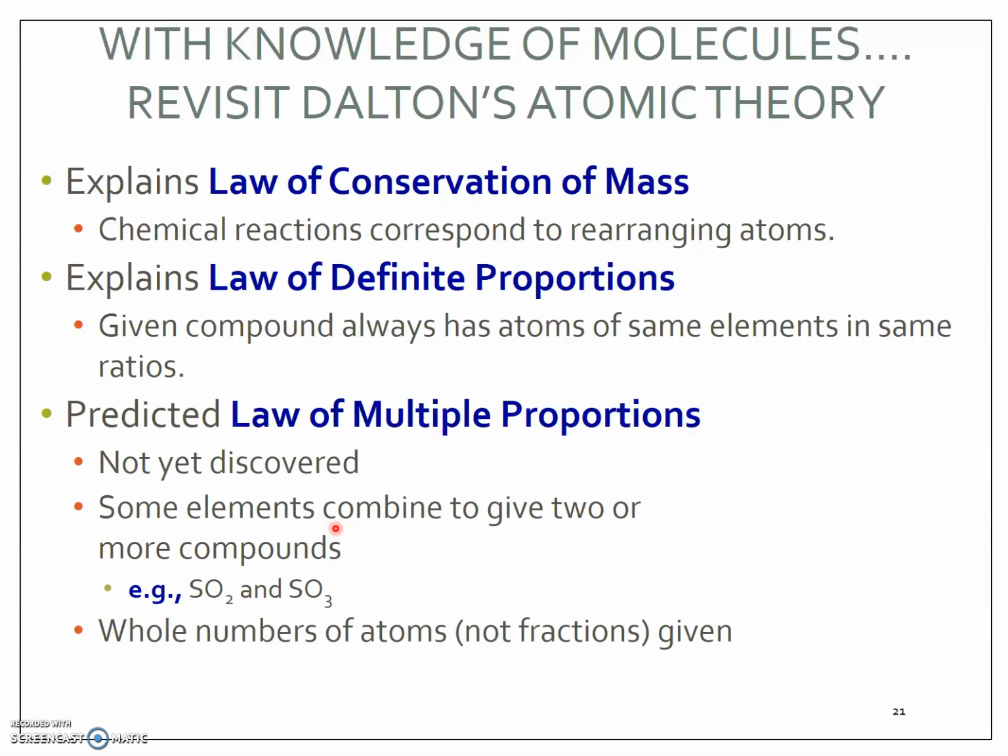This leads to what we call the law of multiple proportions. That means some elements combine to give 2 or more compounds, which means the ratios do slightly change. What's important to take into account is that we deal with whole numbers of atoms, not fractions.